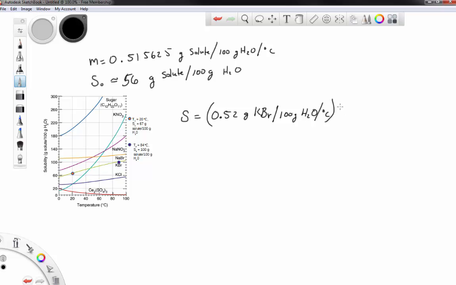So that's our slope times the temperature of the water plus this initial 56 grams of potassium bromide per 100 grams of water. So that's basically what I would put if I was trying to write out an equation for this line.